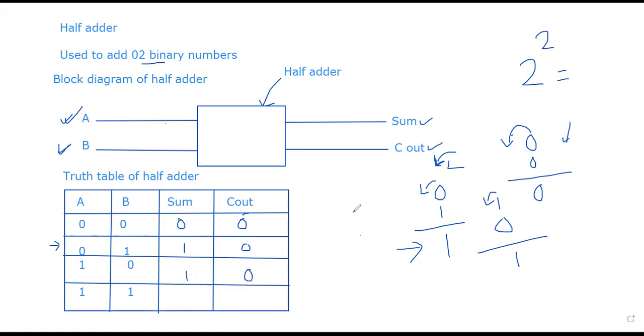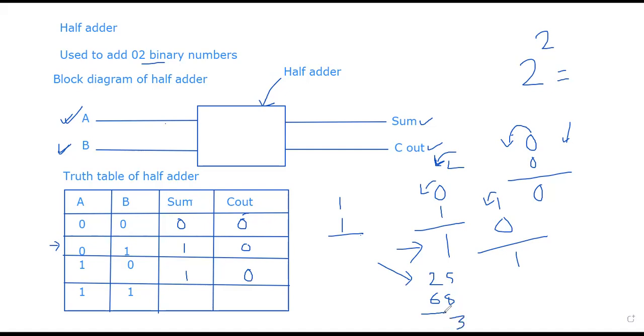Then 1 and 1. We are going to add 1 and 1. Before adding this binary addition, let me take a quick example for the decimal addition. Let's imagine 25 and 68. Once you add 25 and 68, 8 plus 5, we know 13. So we know 3, we will write here.